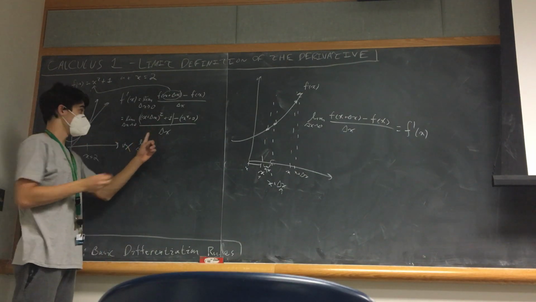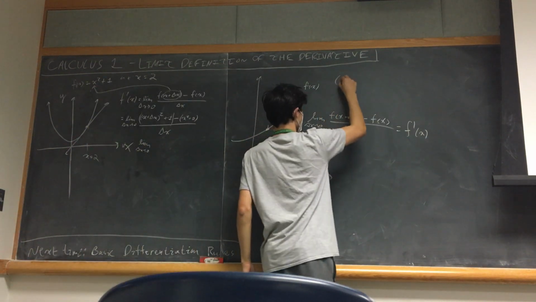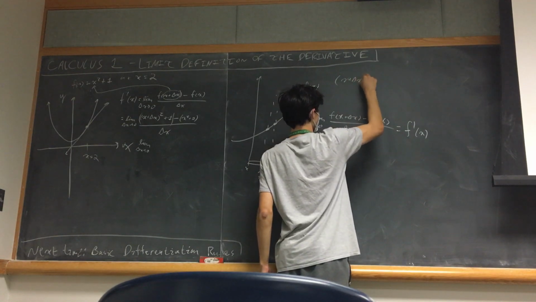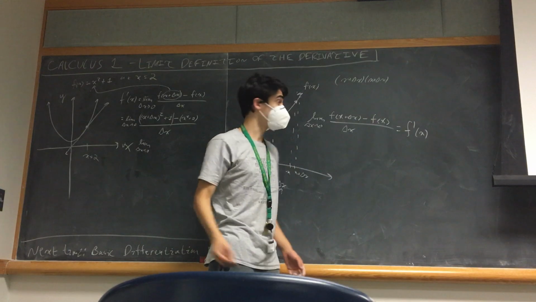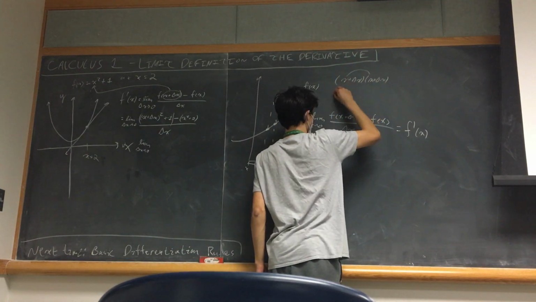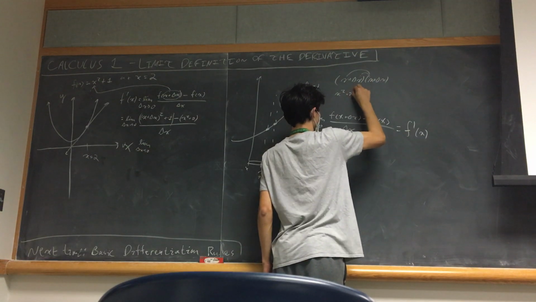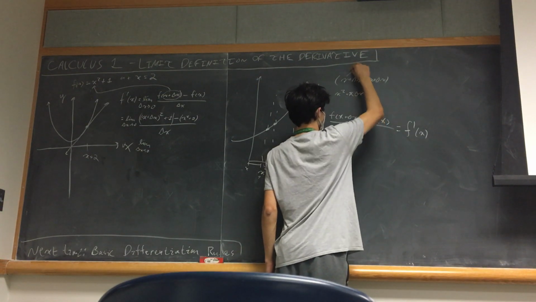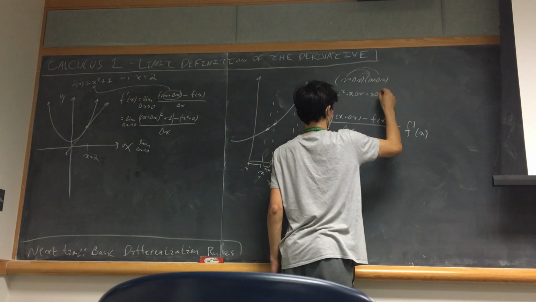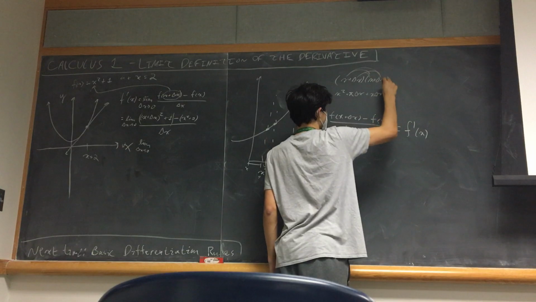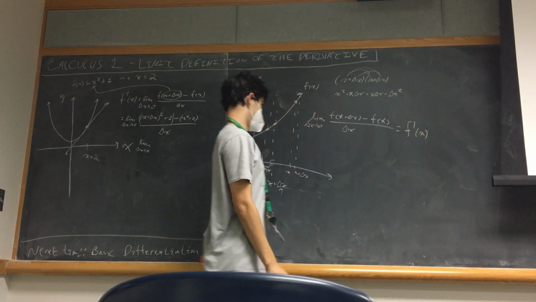And now this, we need to square this. So it's x plus delta x times x plus delta x. So we can FOIL this out. We get x times x is x squared. X times delta x is x delta x. This x times delta x is x delta x. And then delta x times delta x is delta x squared.